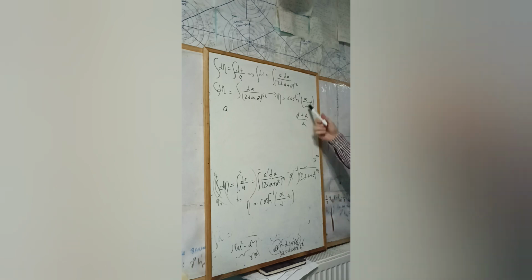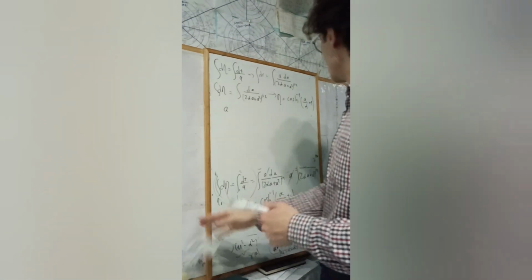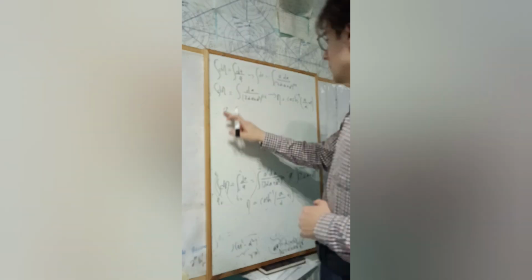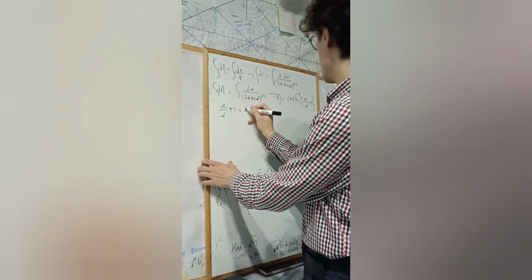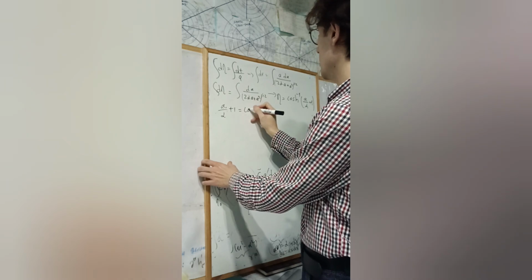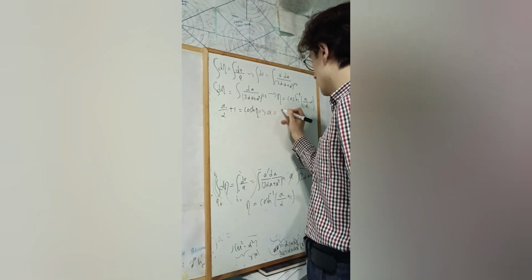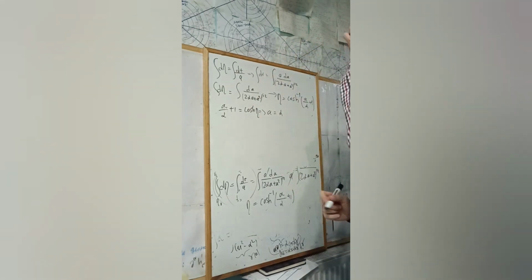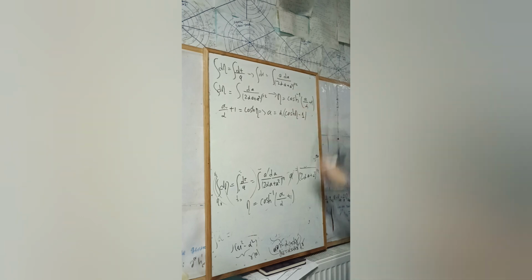Okay, sorry. So a over alpha plus 1 equals cosine hyperbolic eta. Thus a equals alpha times cosine hyperbolic eta minus 1. This is the scale factor as a function of the conformal time.